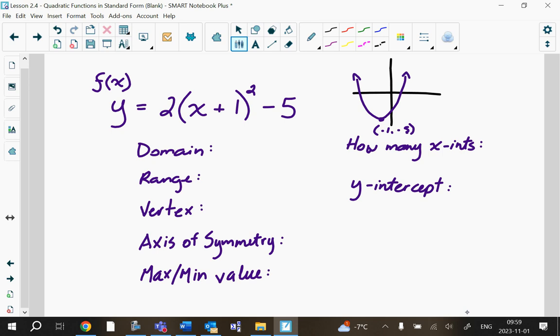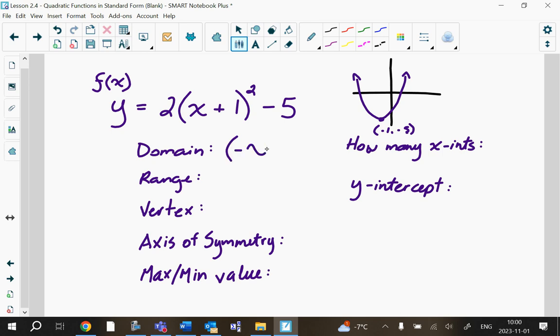Okay, so I have a pretty good idea of what it looks like. Is it 100% accurate? No, I didn't do the 1, 1, 2, 4 or 1, 2, 2, 8 thing. You'd have to do that if I asked you to draw the graph and gave you a grid. But if we're just stating the properties, we can roughly sketch it. Some of the properties we don't even need a sketch for. Domain, you should know automatically.